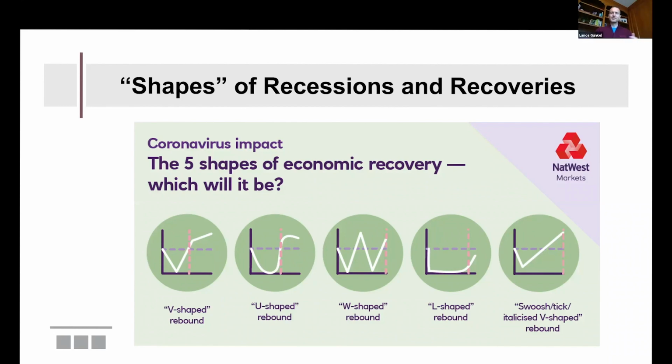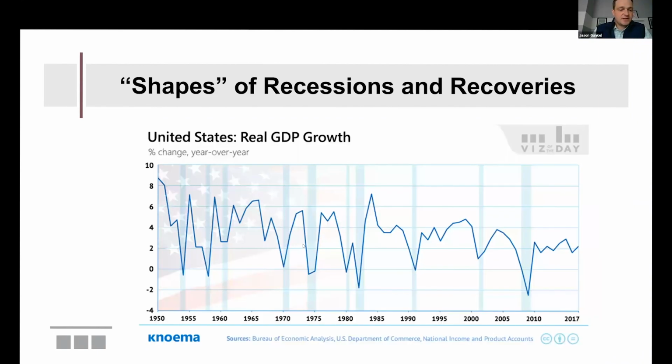So, Jason, can you give us some context and maybe look back in time as to what different recoveries looked like and how many we've had in recent memory? Yeah, you bet. So as we look at this chart here, it shows recessions that we've had going back to 1950.